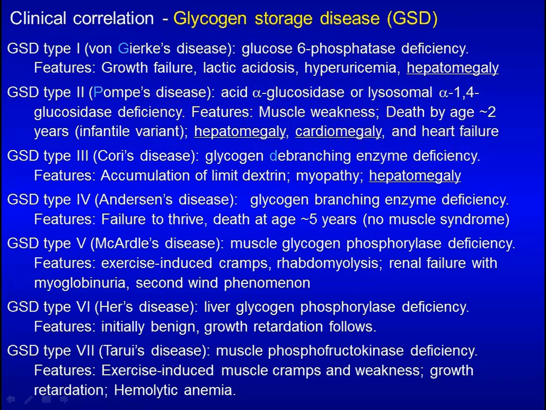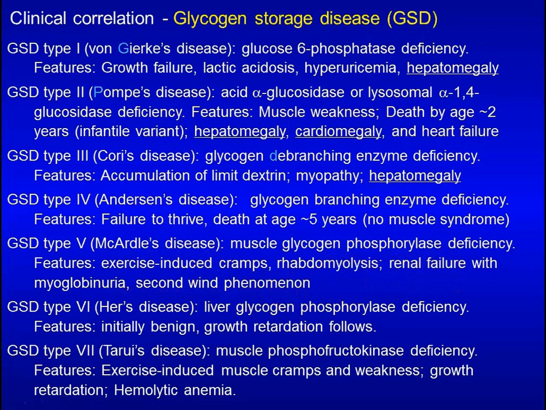McArdle's disease is caused by muscle glycogen phosphorylase deficiency. It features exercise-induced cramps, rhabdomyolysis, renal failure with myoglobinuria. Patients have second wind phenomena.